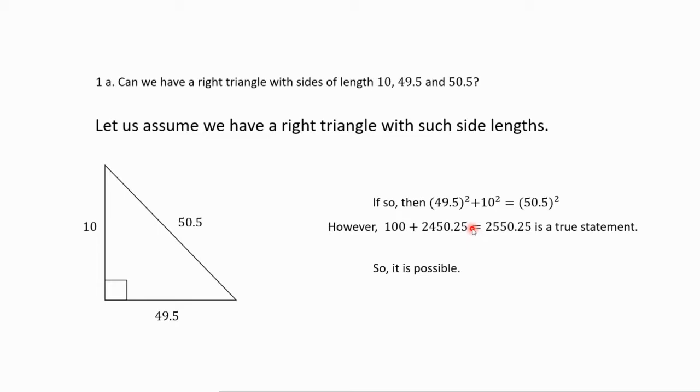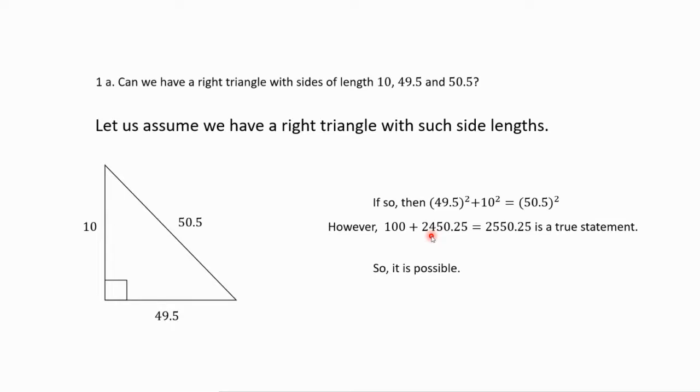So in this case, we could have a right triangle. The answer would be it is possible. We're not saying there necessarily is one, but it is possible. So here, our answer is it is possible because Pythagorean's theorem does hold.